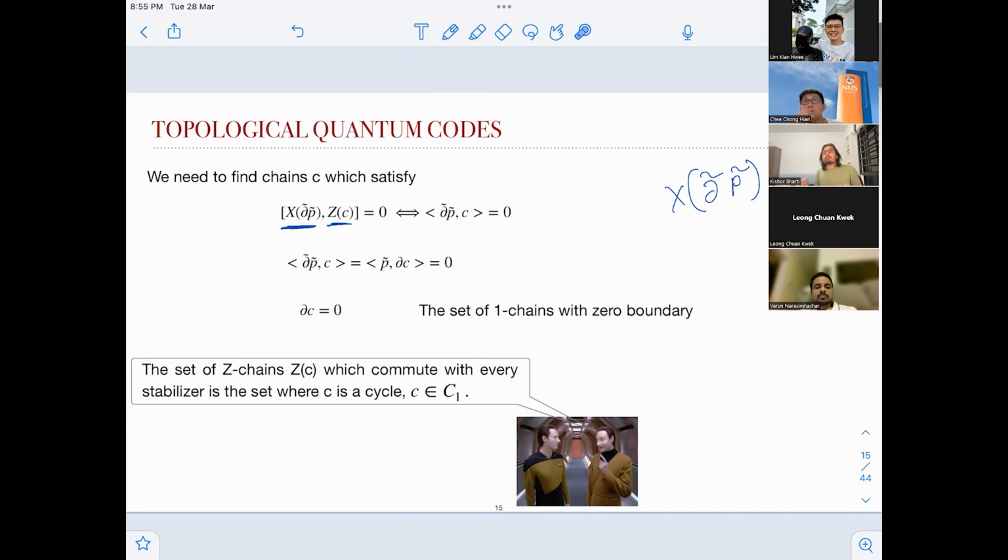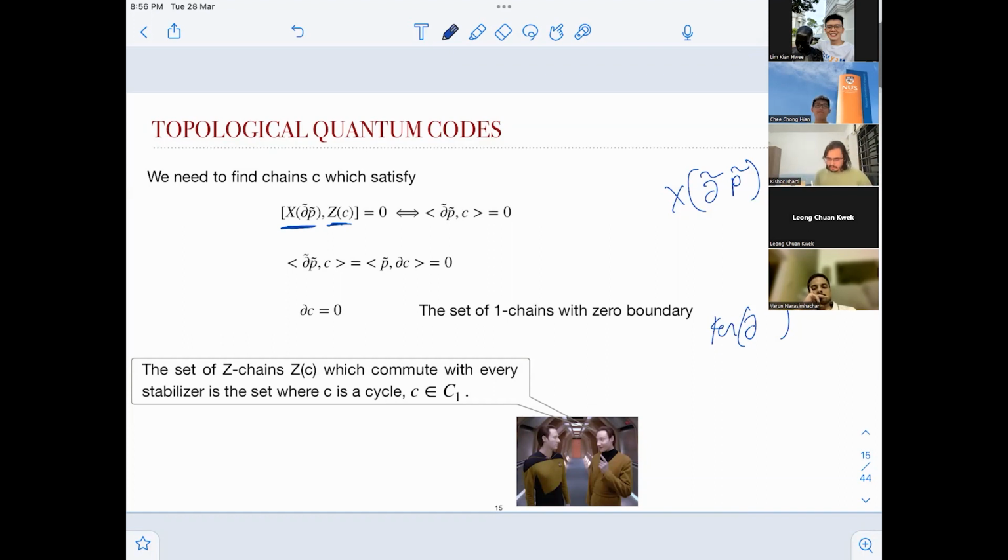So what are the one chains with 0 boundary? It's a non-trivial cycle, right? That's the definition of a cycle. The set of Z chains which commute with every stabilizer is a set C that is a cycle, because a cycle is nothing but the kernel of the boundary map.